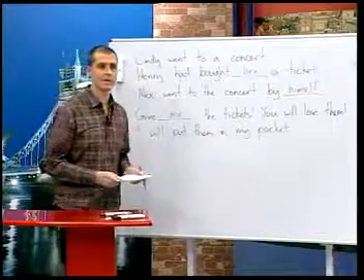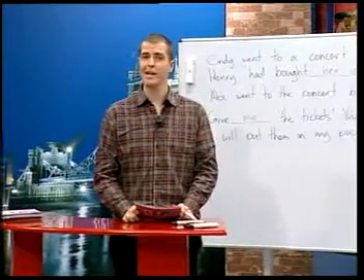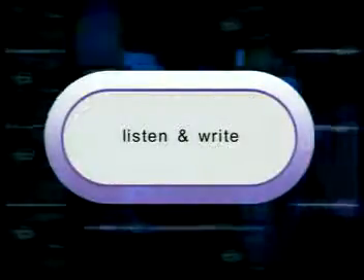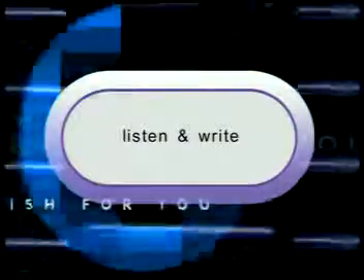Good job, everybody. And now it's time to listen and write. Now listen and write these sentences. Number 1. The singer played a tambourine. Number 2. The guitarist was drinking a coffee.